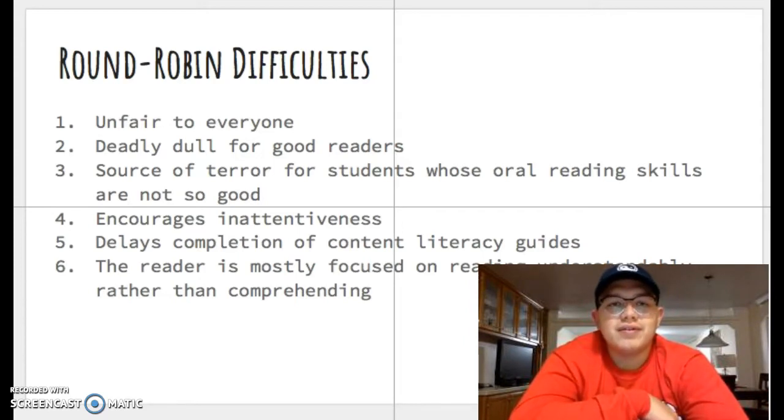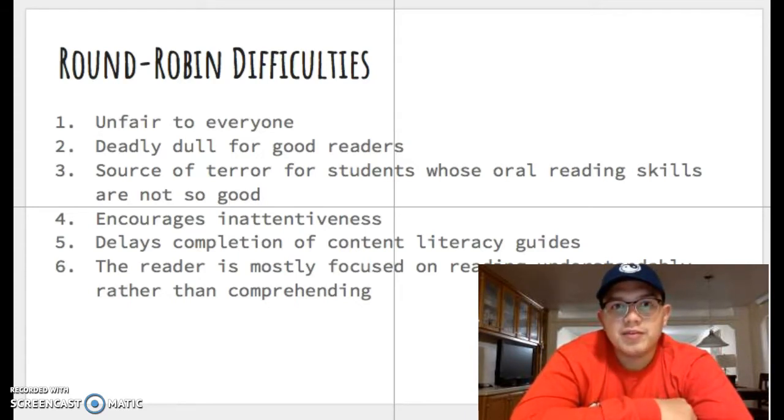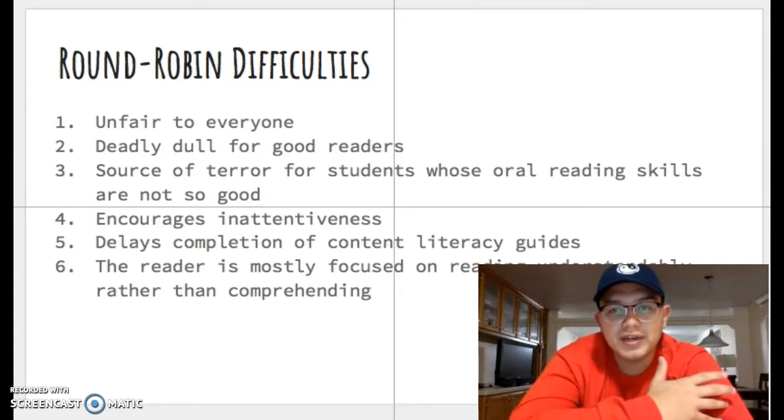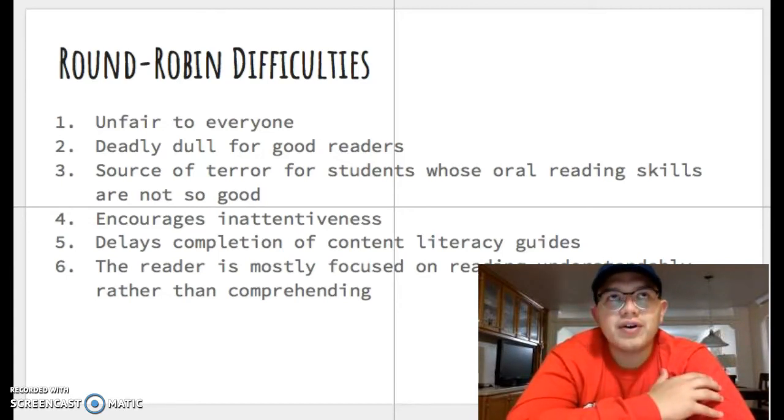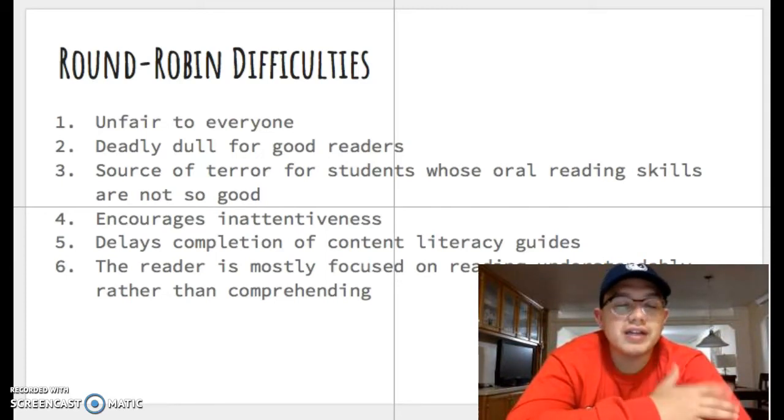The book states that it is unfair to everyone and it's deadly dull for good readers. And I remember for me, it was a source of terror because my oral reading skills were not so good because of English being my second language.